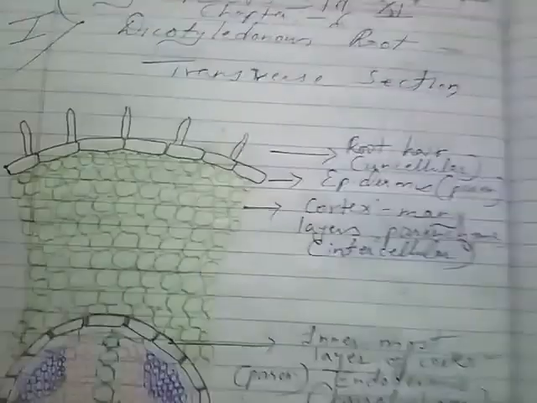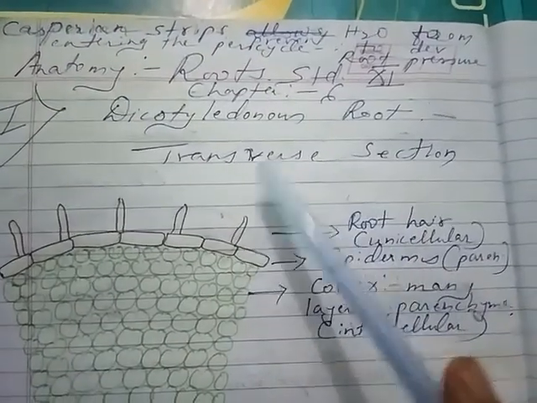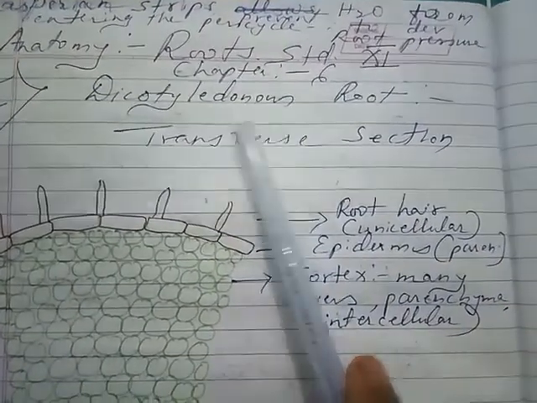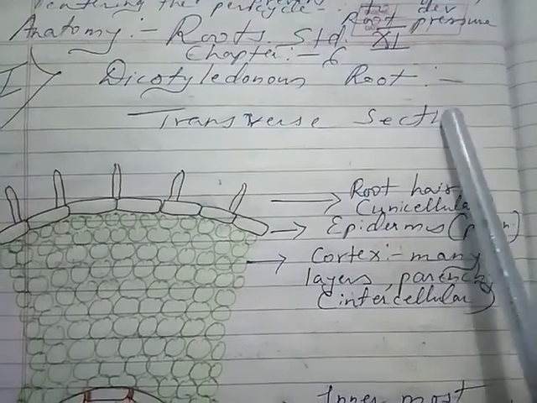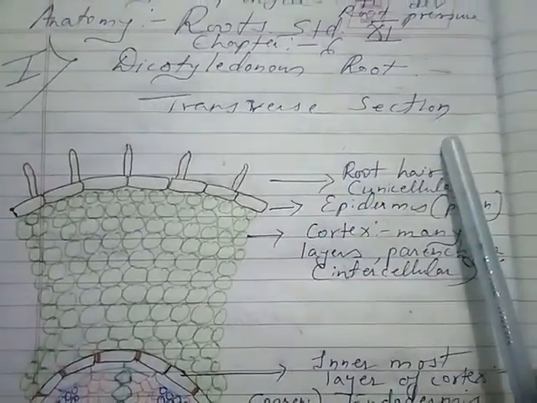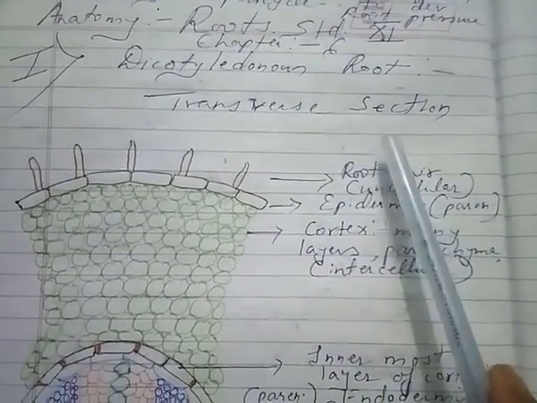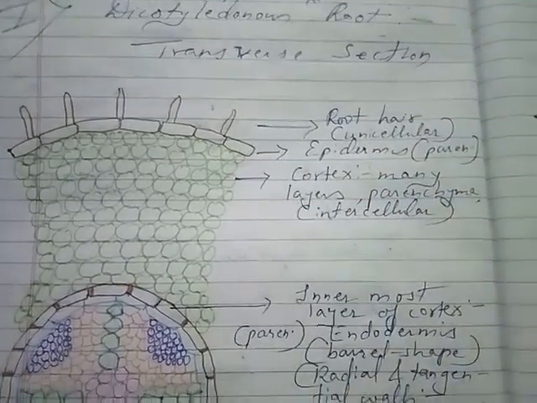Now let us see how these tissues are arranged in the plant organ, that is whether it is root, stem or leaves. So first of all, starting with the section of root, that is dicotyledonous root or dicot root. In its transverse section, how all these tissues are arranged, that we will study in this case.